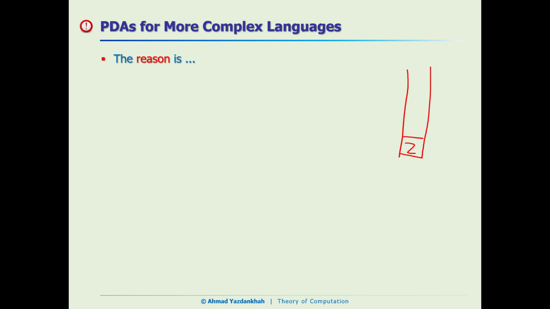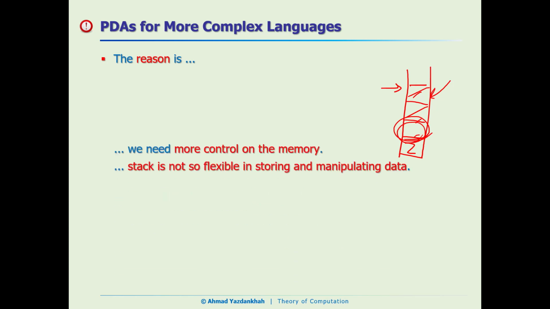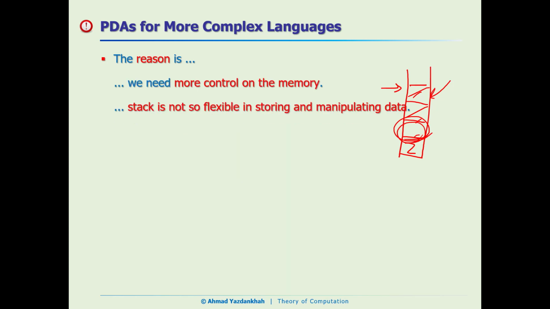It means that, for example, let's say you are here, and we have some stuff here, right? If you want to access this information, you need to pop all of this, and to reach here, it means that you will lose all of those data. So I want to say that a stack is not that flexible for storing data and manipulating the data.